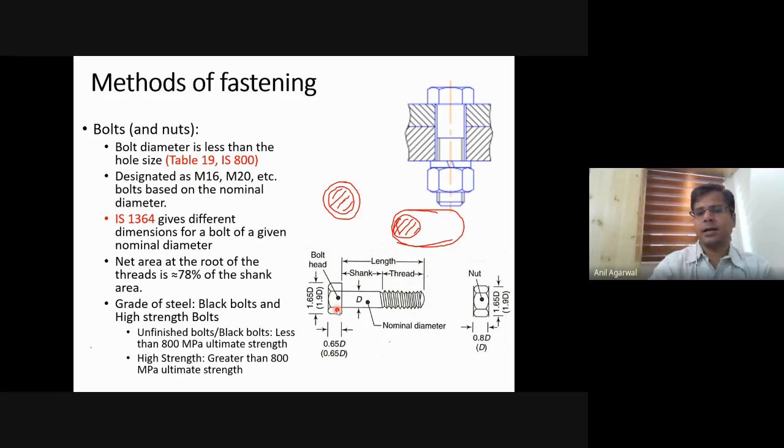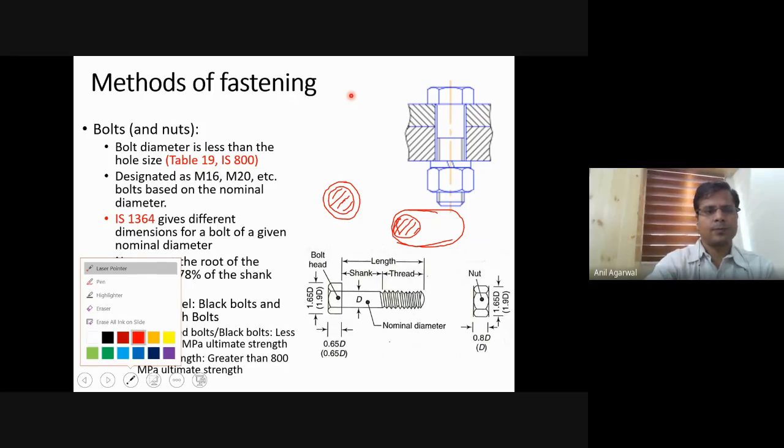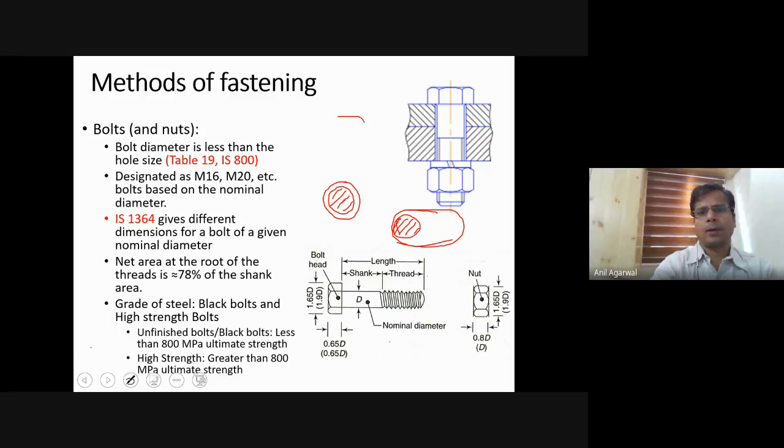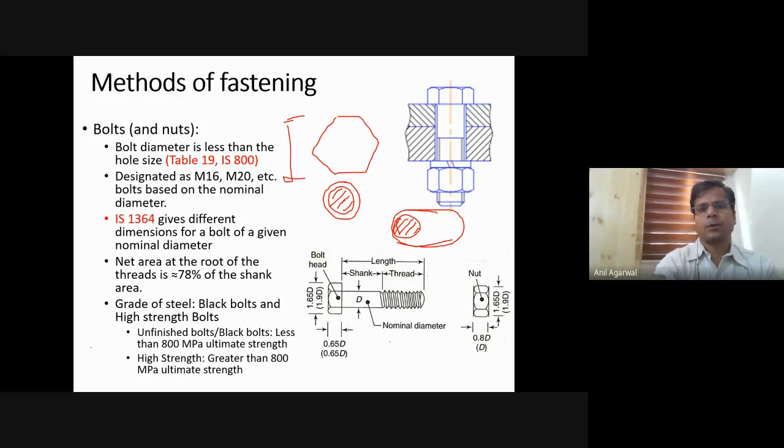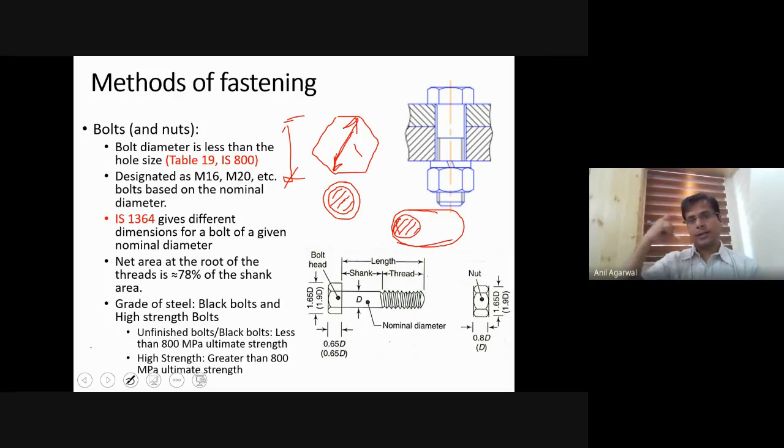If you take this head and look from the top, it looks like a hexagon. So a hexagon may have two different dimensions. You may have one dimension, this one, and the other dimension may be this diagonal one, in that hexagon.